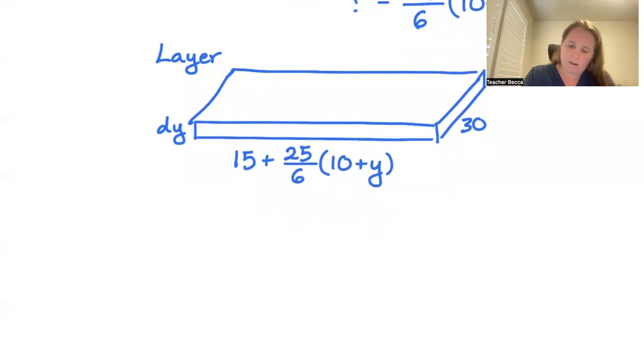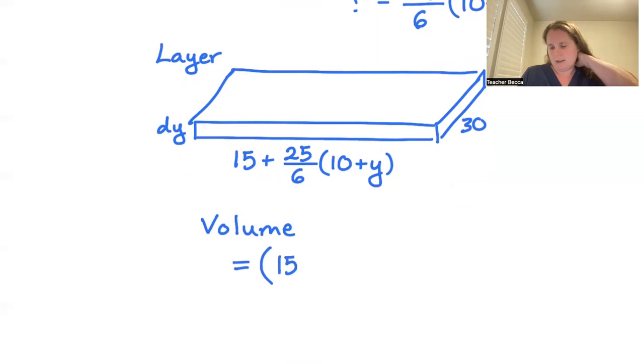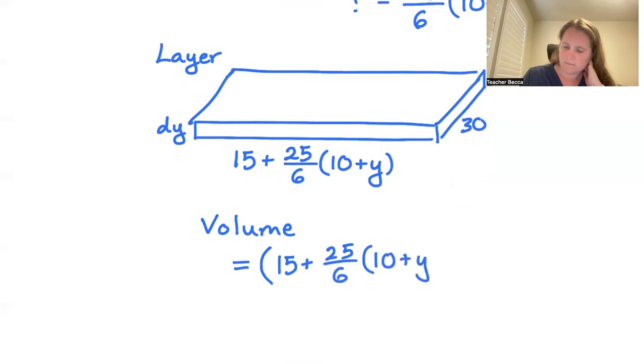So this means that the volume should be 15 plus 25/6 times 10 plus y, that whole thing times 30, and then times dy.